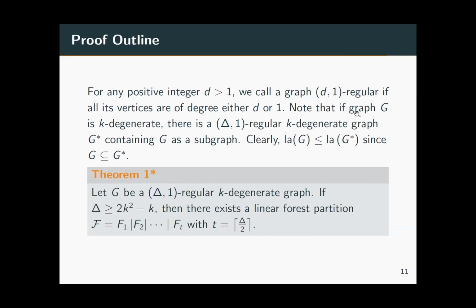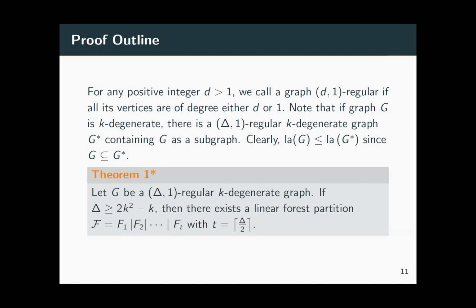So if G is k-degenerate and it is embedded in a (Δ, 1)-regular graph, we can just think about an ordering like before. We add vertices with only degree 1, connected to those vertices that have degree less than Δ.